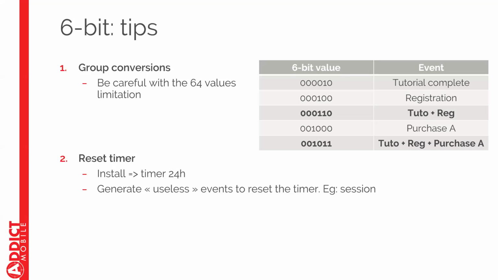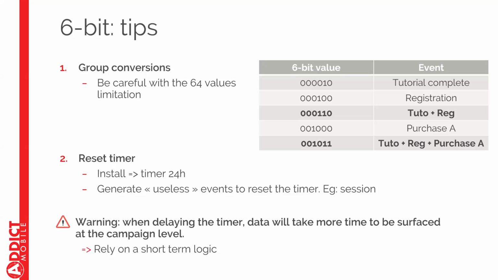So you may do a strategy that resets the timer up to seven days, but the warning I have to give is that if you delay the timer a lot, the data will take a lot more time to get back to you. And you're not even sure in the end that it will happen for every user, because a user can stop at three days generating the useless events you were thinking of.